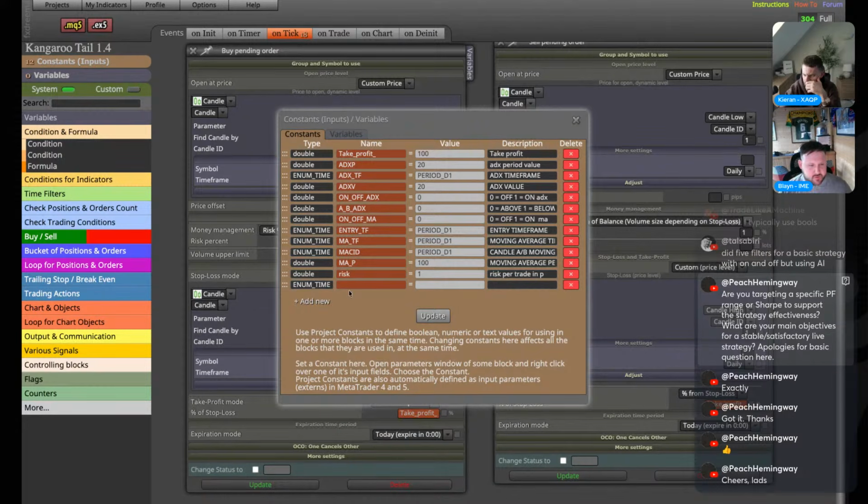Time frames. Entry. Jeez, I really can't spell today. Time frame. Period. Uh-oh. I can change all of this. Entry, time frame, period.